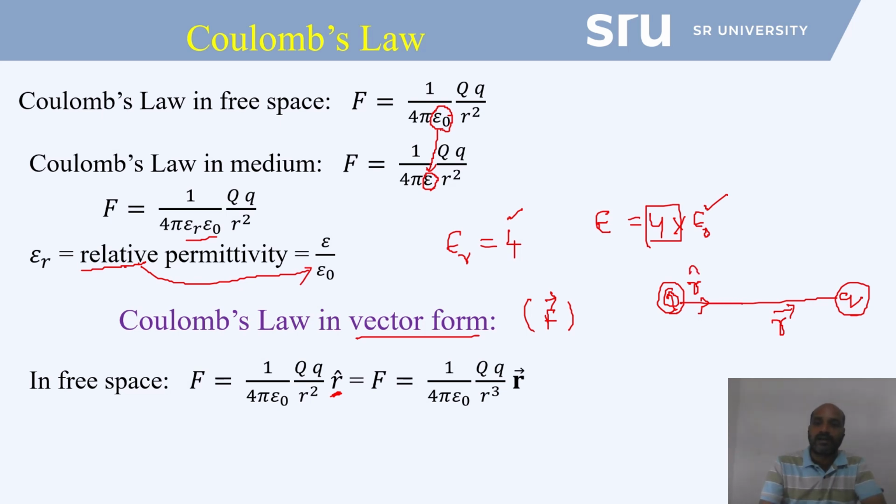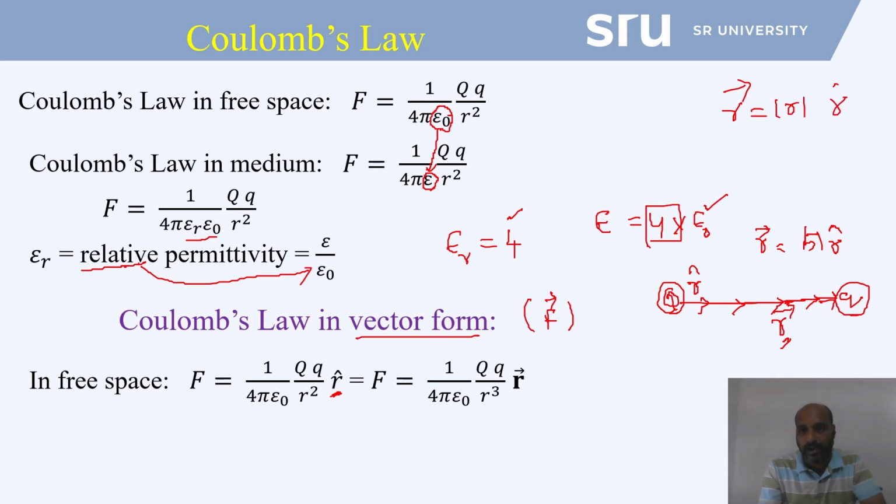If you translate that small segment some number of times, you'll get the actual vector r. As per our example, 5 times, so 5 is the magnitude. So the vector r is the magnitude of r into r cap.